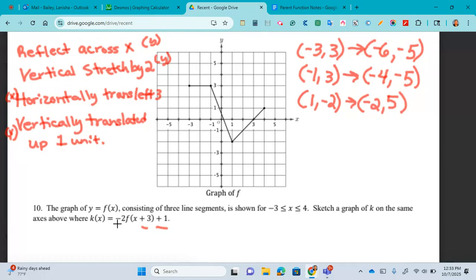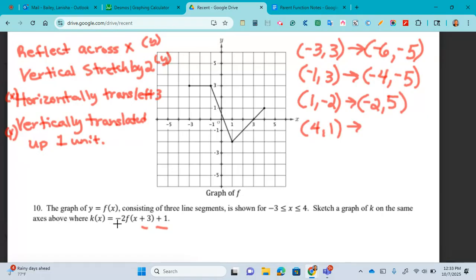And our last point is 4, 1. Oh, you already got the answer. All right.